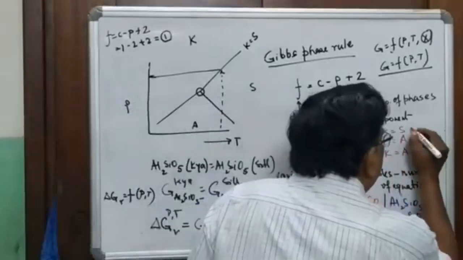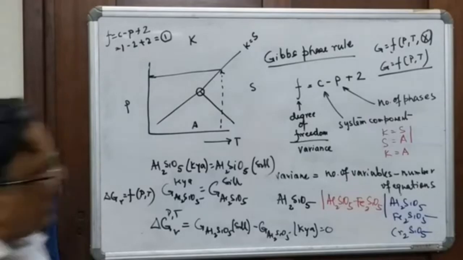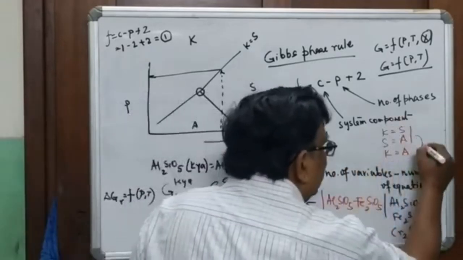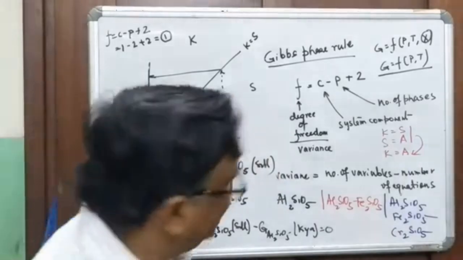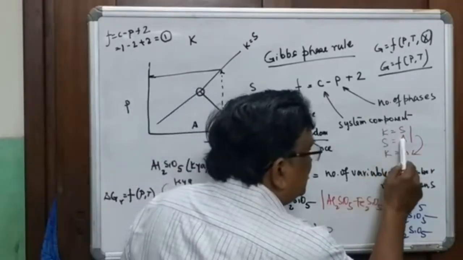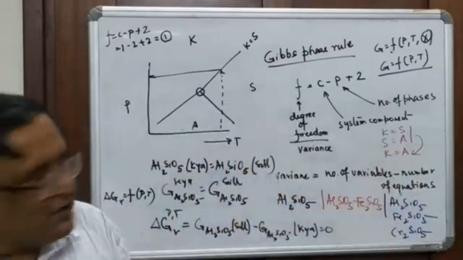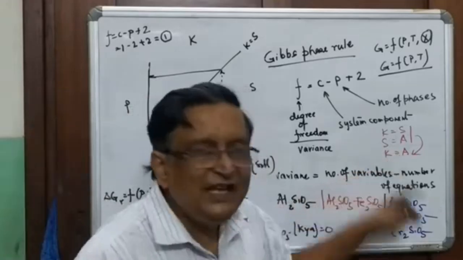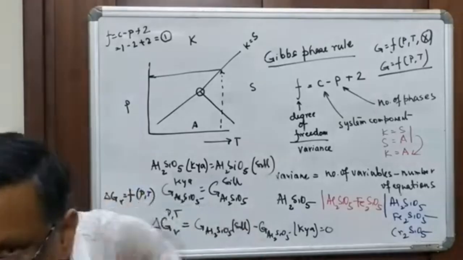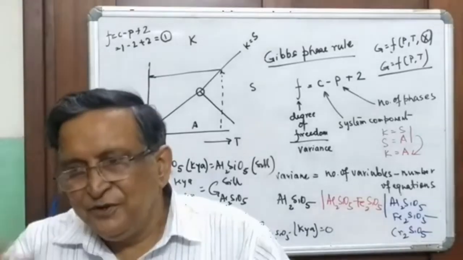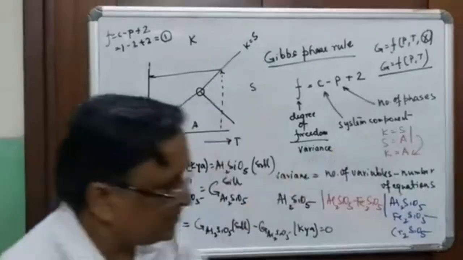If I take these 2 equations and eliminate the common phase, I get this one. So this equation here is a derivative; it is not an independent reaction. It is an algebraic addition of 2 equations.